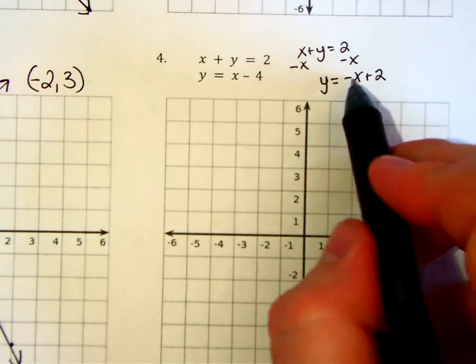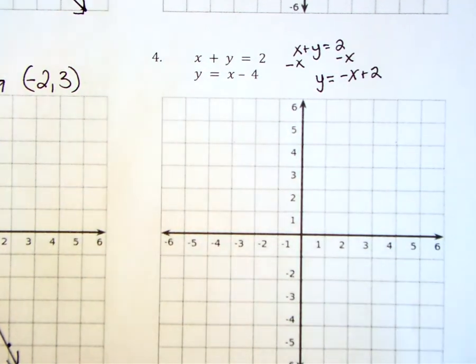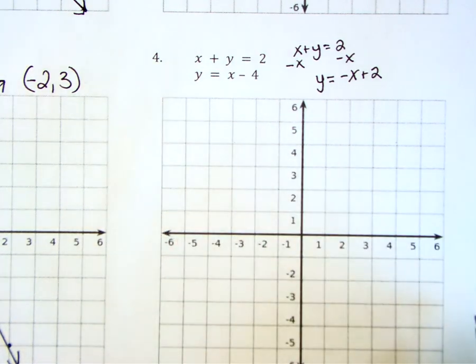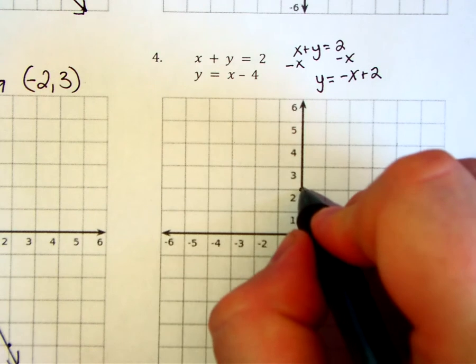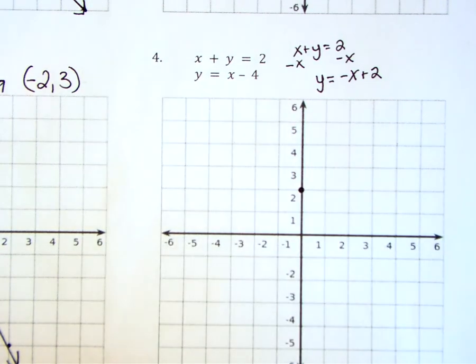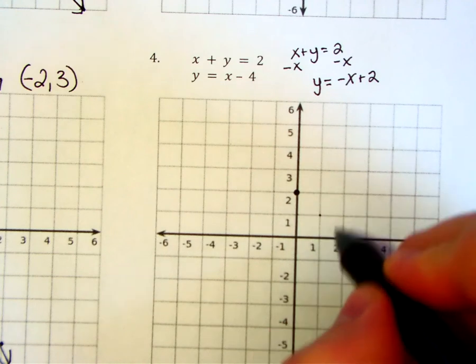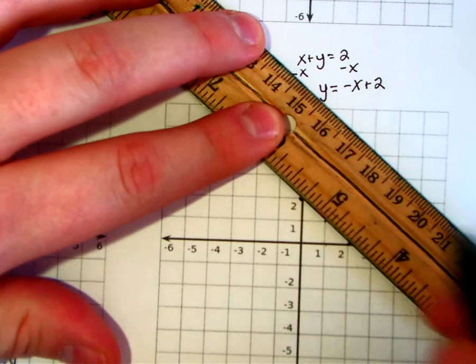Well, I can see right away I have a negative x or a negative 1x, so I'm going to have a negative slope. So whatever that line is should start from the top left and work its way down, with a y-intercept of 2. Well, my y-intercept is here, and we have a negative 1 slope, so down 1 over 1, down 1 over 1. We connect the dots and graph.